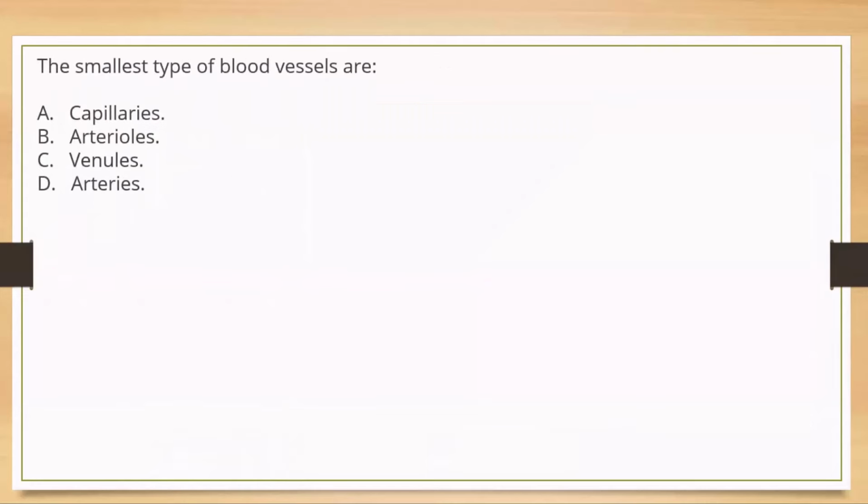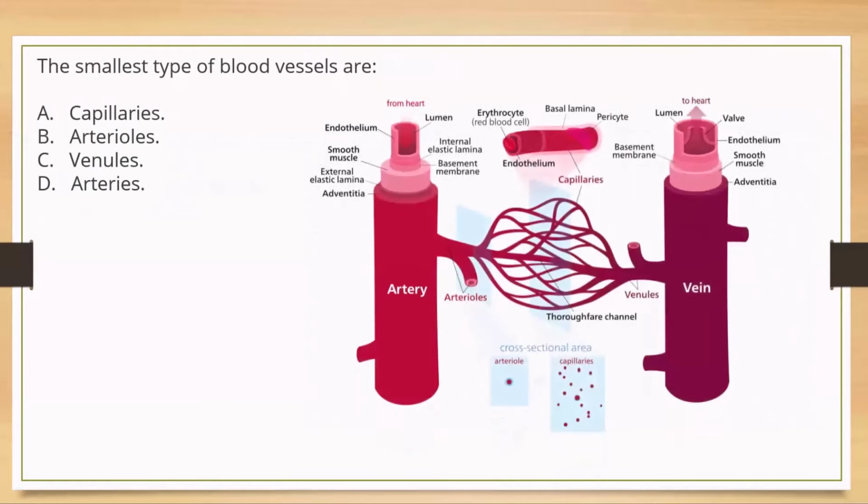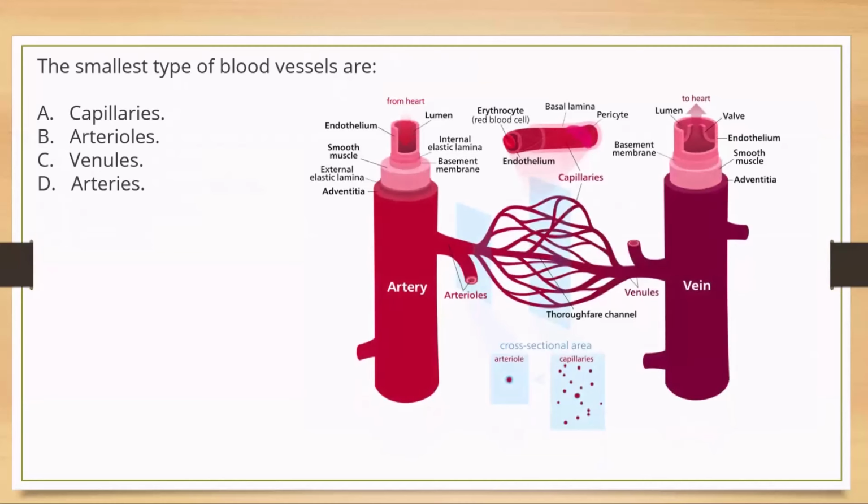Now, the smallest type of blood vessels are obviously, these are just the what? The capillaries. So capillaries are the smallest blood vessels in the body. They are very tiny, extremely thin-walled vessels that act as a bridge between arteries, which carry blood away from the heart, and veins, which carry blood back to the heart.